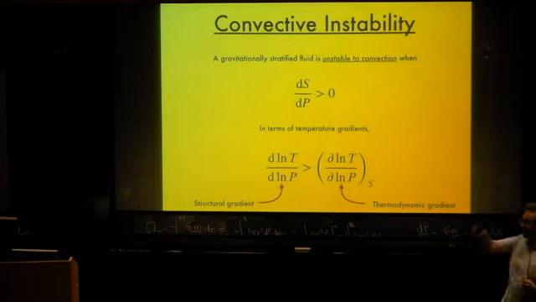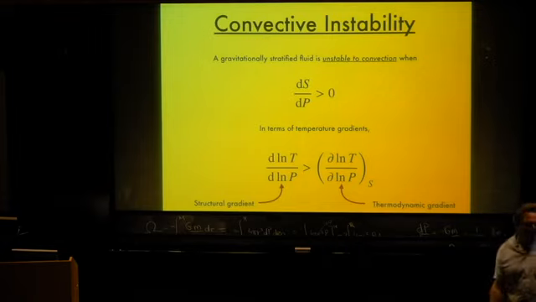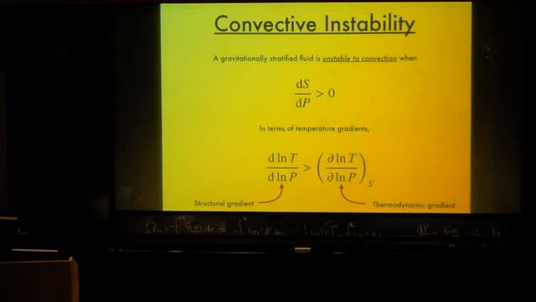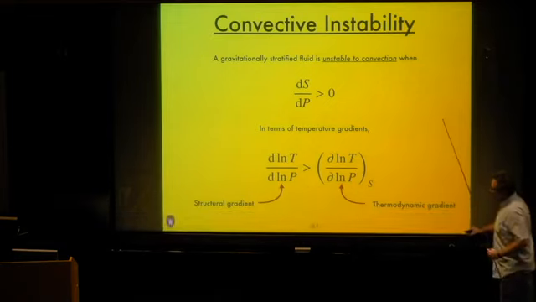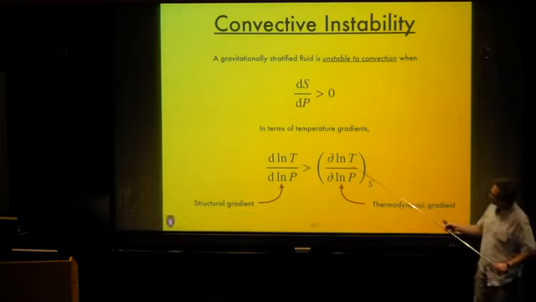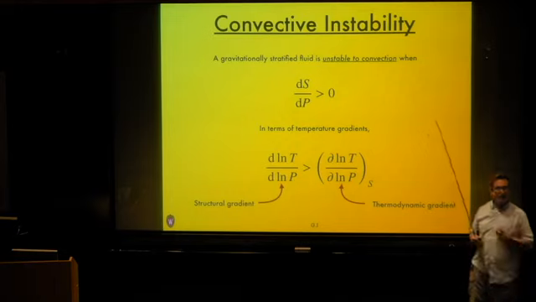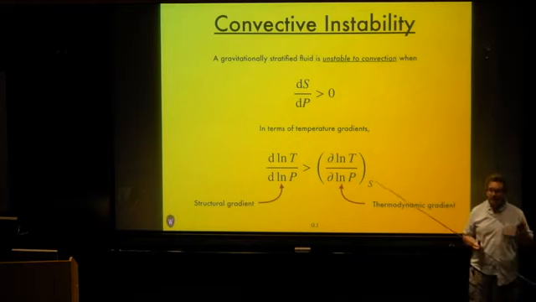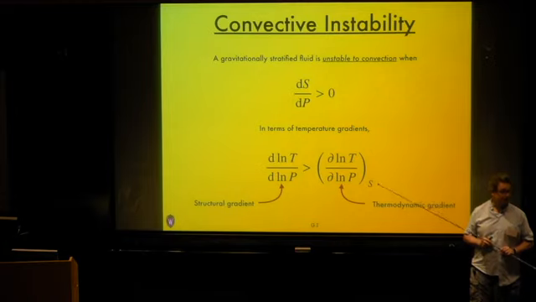Now, I was going to go through a full derivation of this, including the triple partial differential formulae from thermodynamics, but we've got 20 minutes left, so I'm not going to inflict that upon you. What I want to emphasize about this inequality is, if we satisfy it at a point in a star, convection will occur at that point. This is the criterion for convection.